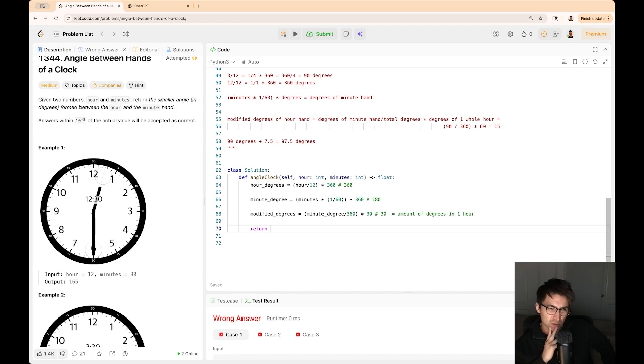If the hour is 12, 360 minutes times 1 divided by 60. 1/2, 180. That looks good.